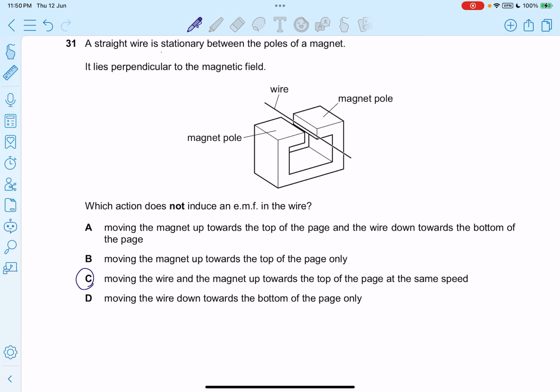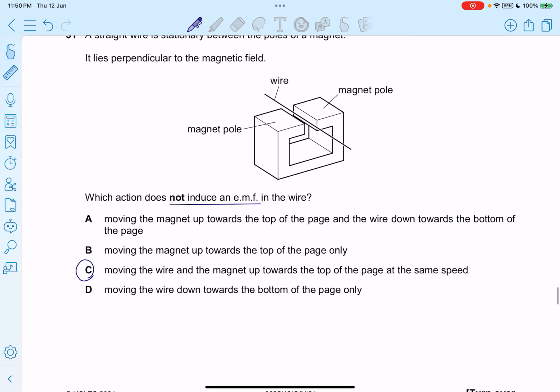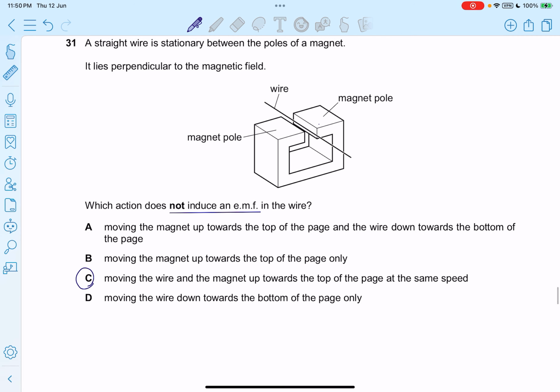31. A straight wire is stationary between the poles of a magnet. It lies perpendicular to the magnetic field. Which action does not induce an EMF in the wire? So we do not want an EMF. To produce an EMF, we have to make the wire cut the magnetic field between the poles.